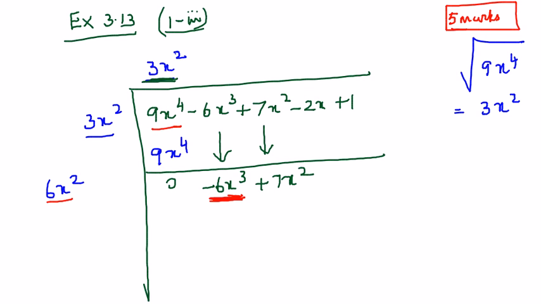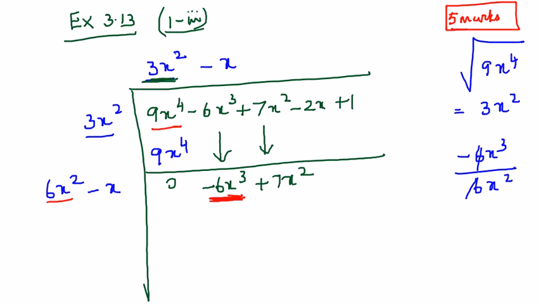So here it is minus 6x cube by 6x squared. So x cube divided by x squared is x, and there is a minus sign, so we'll write it as minus x. And here also we'll say minus x.